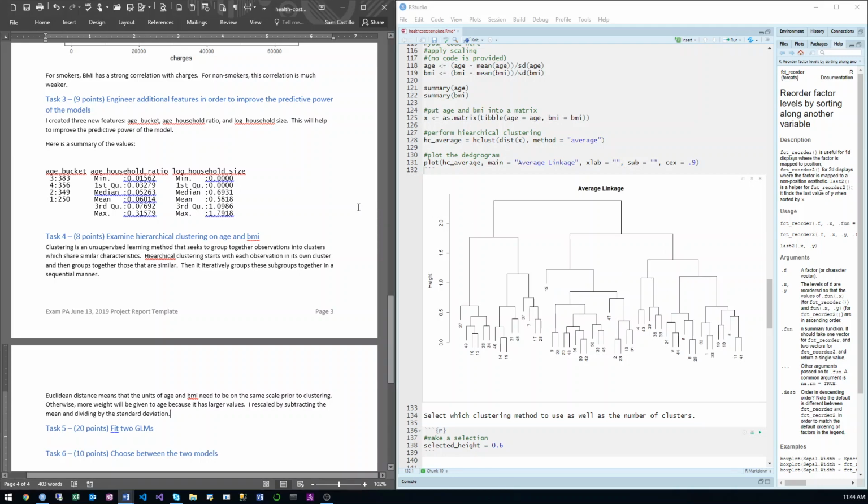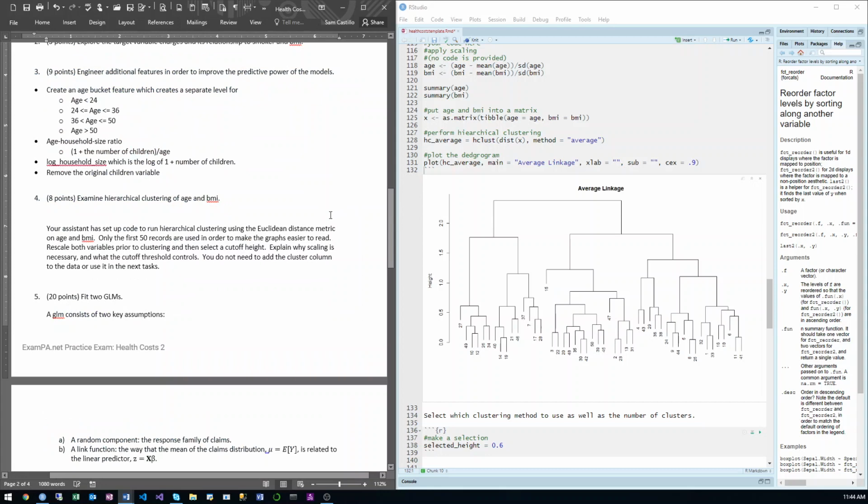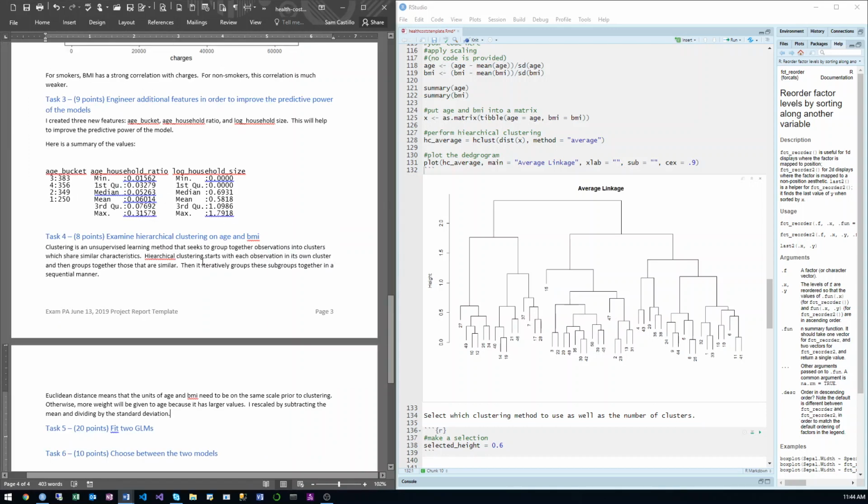So what is this question asking? Rescale both variables, which we have done. Explain why scaling is necessary, and explain what the cutoff threshold controls. So the cutoff controls how many clusters are chosen.